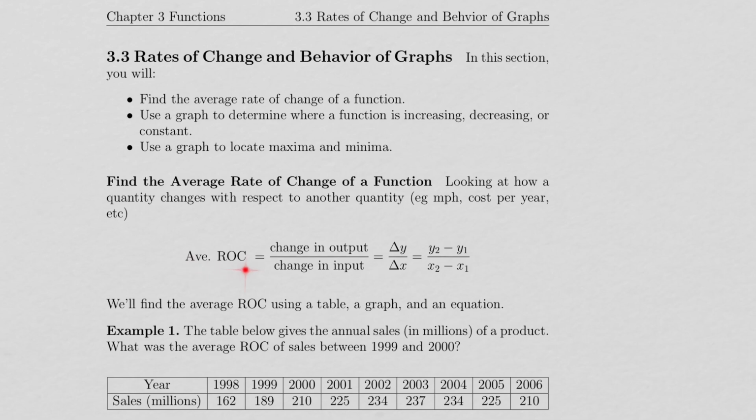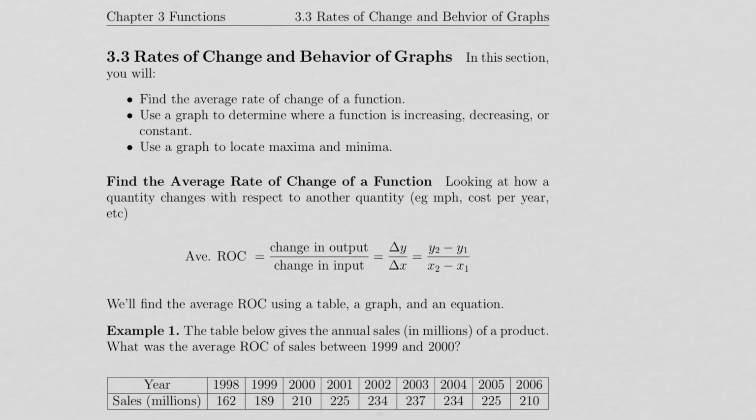You can think of it as the change in output over the change in input, or the rise over the run, or delta y over delta x, or y2 minus y1 over x2 minus x1. All the definitions we use for the slope are the same for the average rate of change.